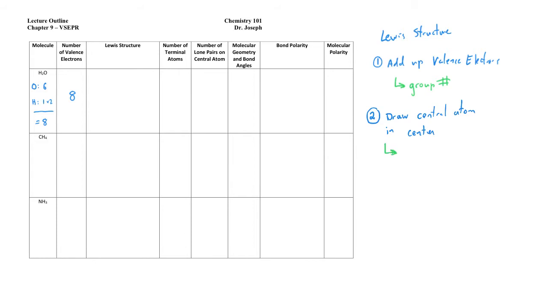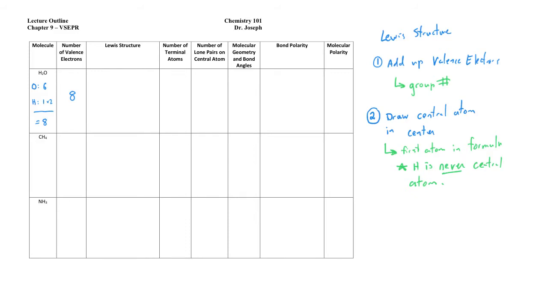The central atom will always be the first atom written in the formula, with one exception, hydrogen. It turns out hydrogen can never be a central atom. So if hydrogen is written first, we just go to the next atom after hydrogen. So it's either the first atom that's written or the one after a hydrogen atom. That will always be the central atom, okay?